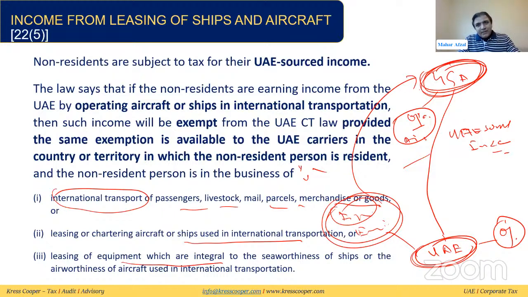If the non-resident person is doing any of this business and the same privileges are available to the UAE carrier of ships and aircraft in the respective jurisdiction, then the UAE sourced income of that non-resident person will not be subject to corporate tax as well.